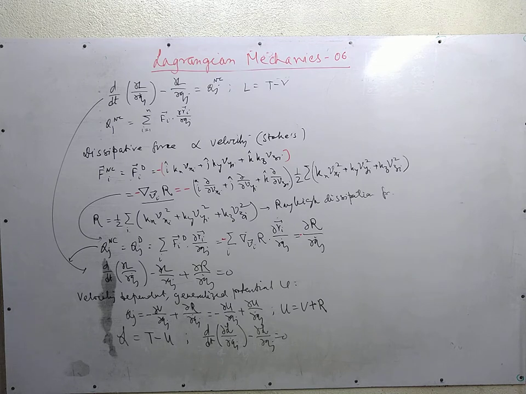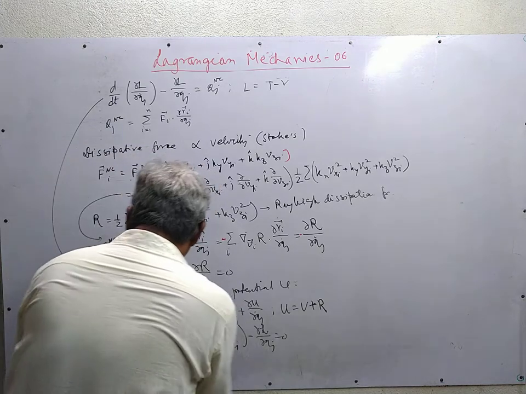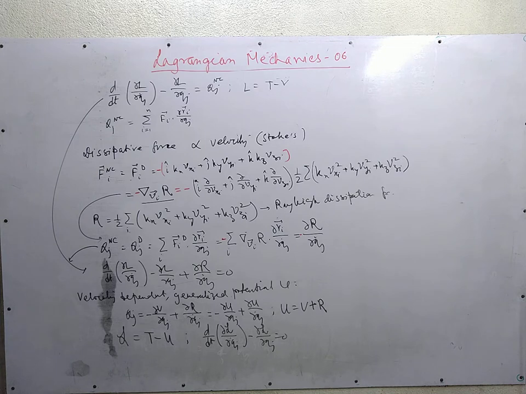For example, when dissipative forces are present, we can define the generalized potential U, which takes into consideration the conservative part of the potential V, as well as the Rayleigh dissipation function. And one defines the generalized Lagrangian, the cursive L, which satisfies this equation. This is the generalized Lagrangian L.